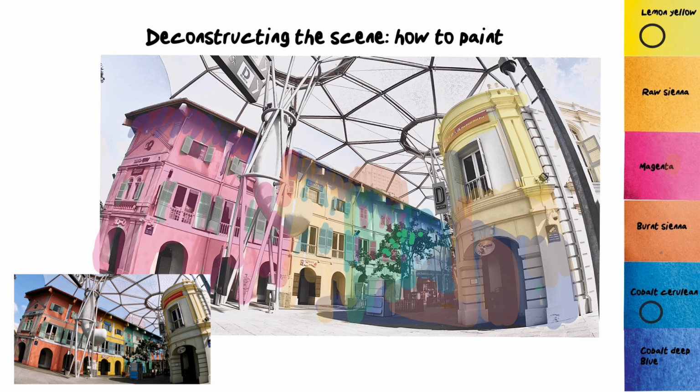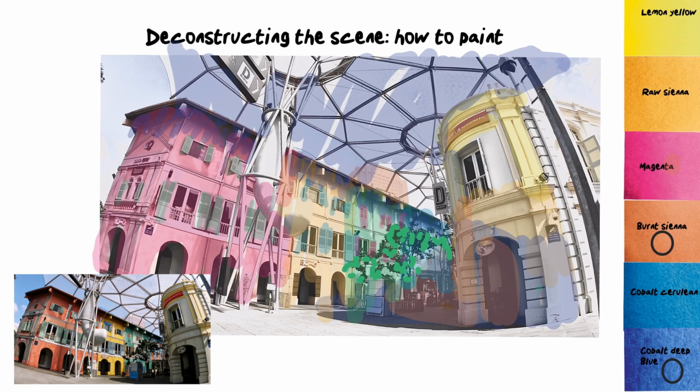Next was to color the shades of green on the trees in between the two buildings. For the next step, I painted the sky with cobalt cerulean and cobalt deep blue. And when the paint was sort of dry, I started to detail the Liangcourt building.